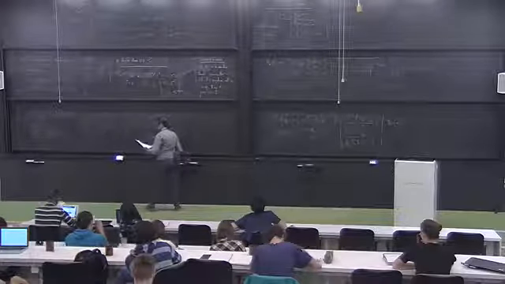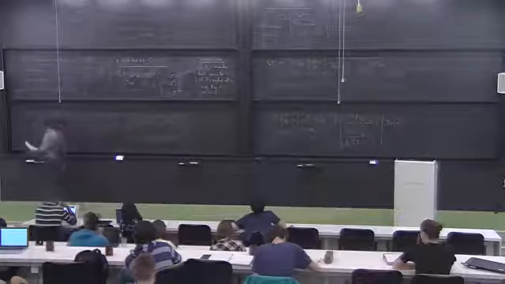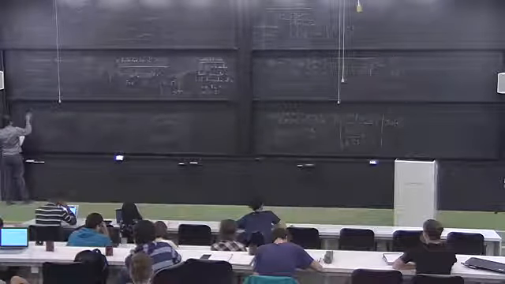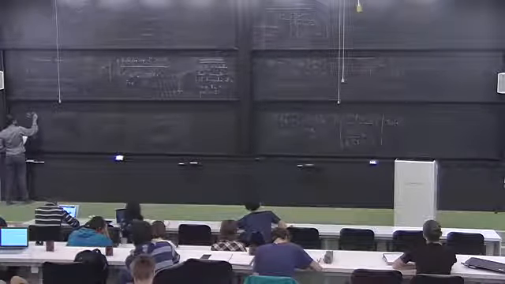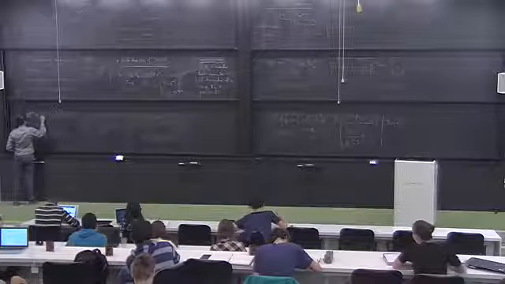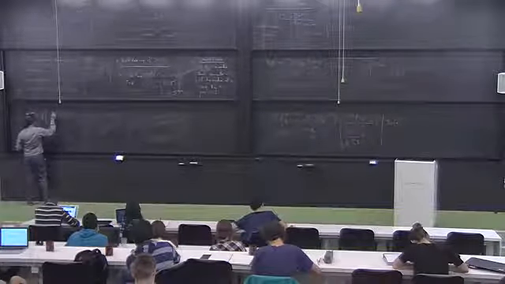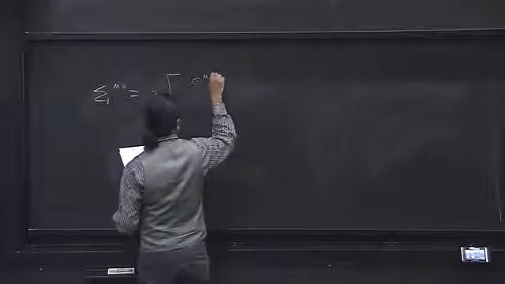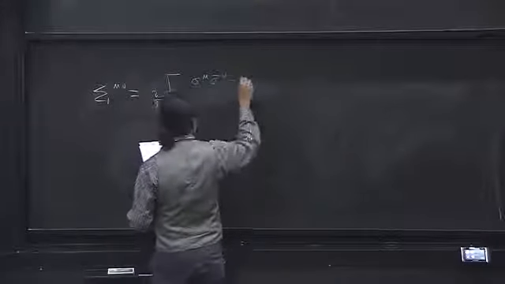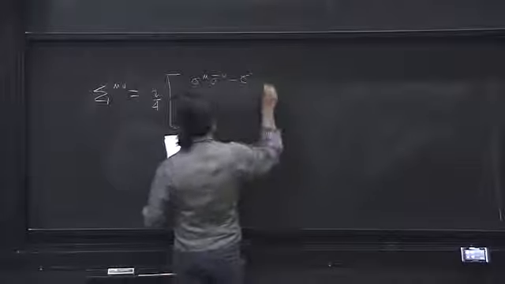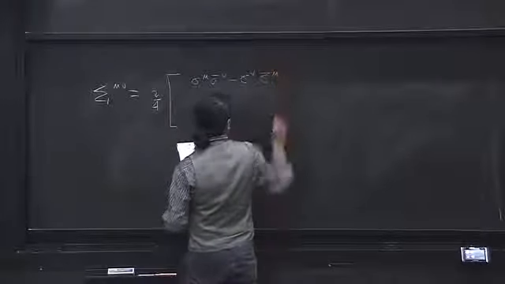So what are the generators in the Weyl representation? Well, you can show, it's a very straightforward and easy exercise, that it has a block diagonal form.